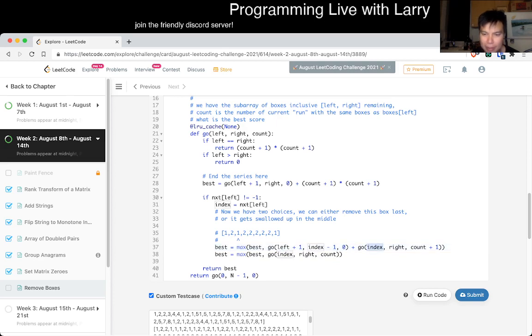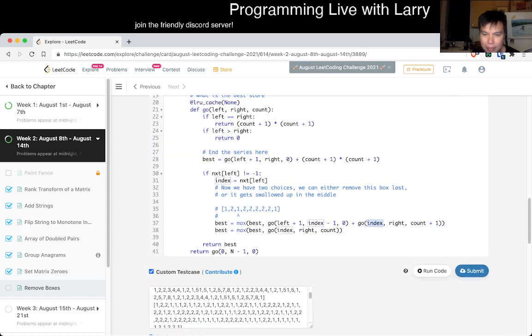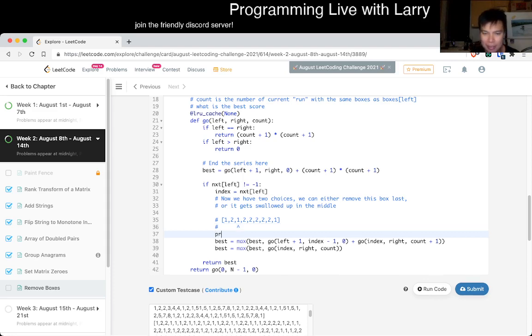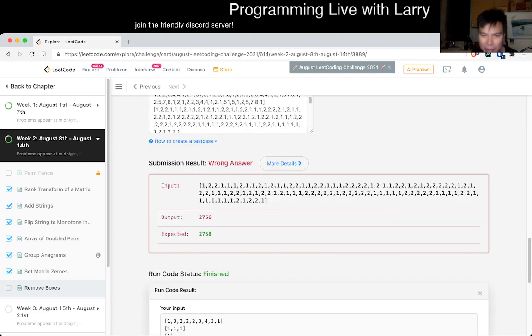I think this. No, I mean this is just a for loop compression, right? If I get rid of the for loop, it should be good. Why? I mean, it terminates, so I don't think this is going to give me anything.